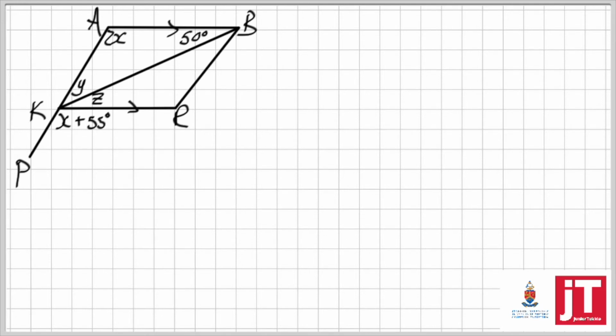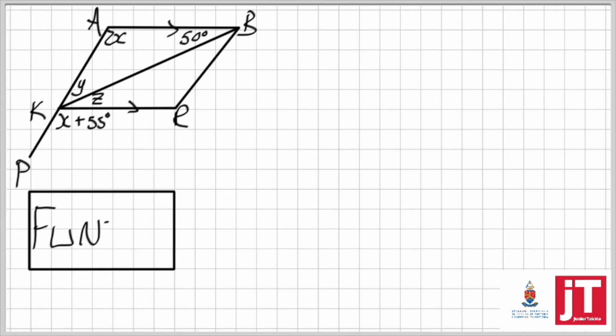So please go and try it yourself. What is step 1? Write out your theorems. So I'm going to write out FUN TOX. I am including the T, the O, the X because I mustn't forget about them.